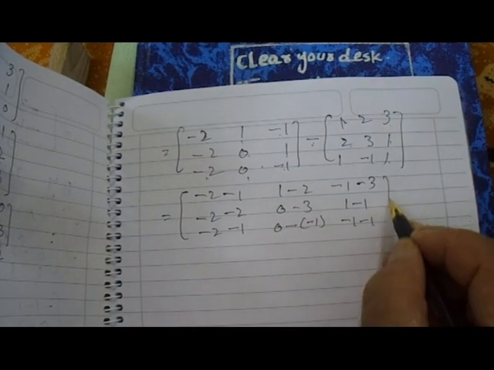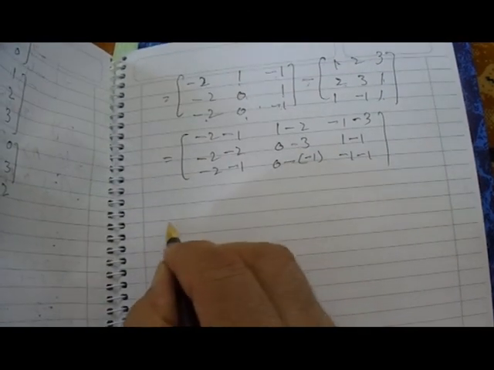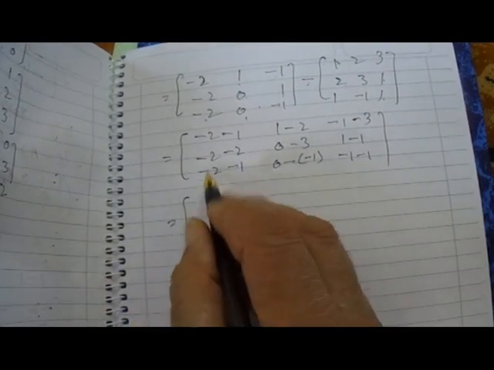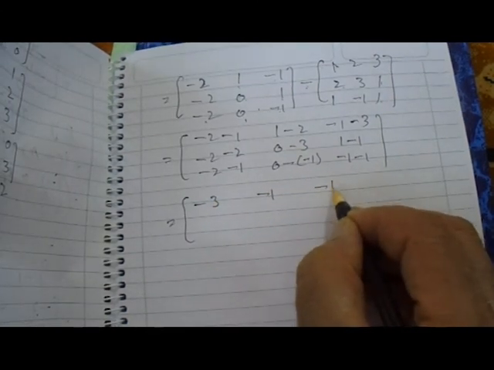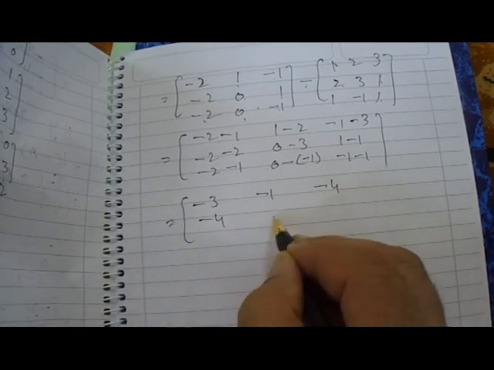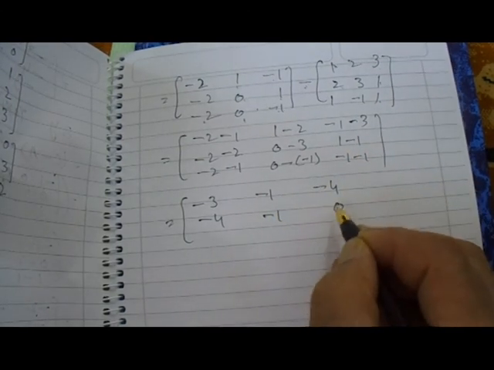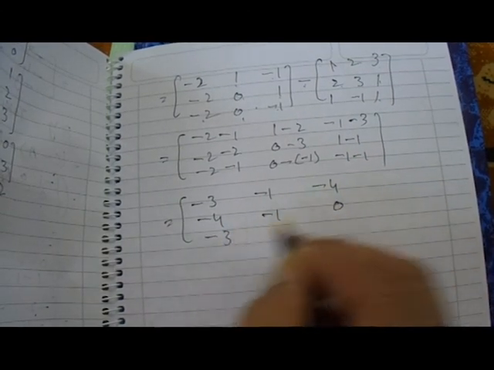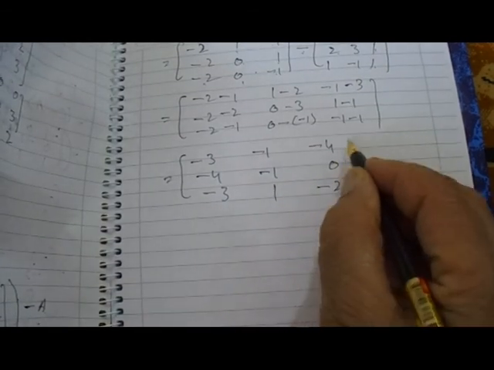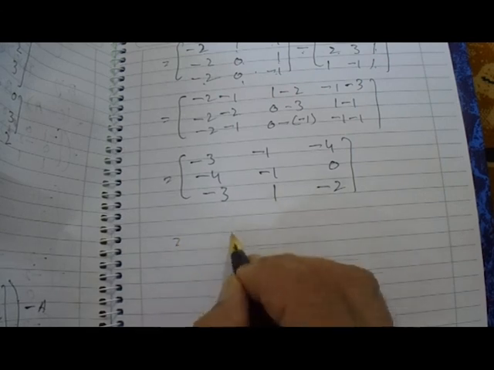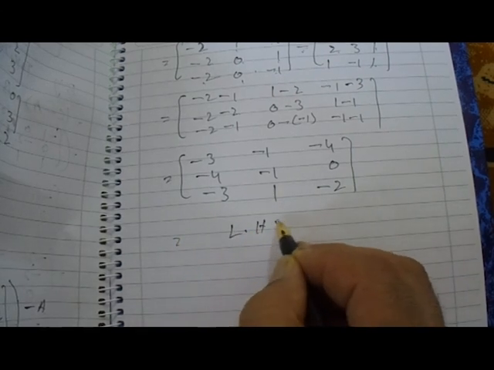This is equal to this minus 3, this minus 1, minus 4, minus 1, this 0, this minus 3, and plus 1 and minus 2. Now this is our left hand side.